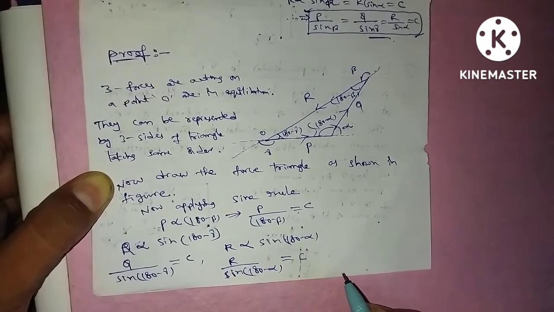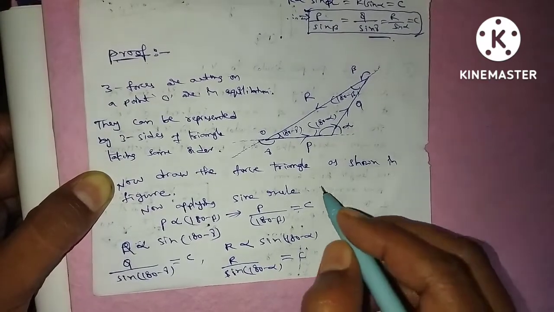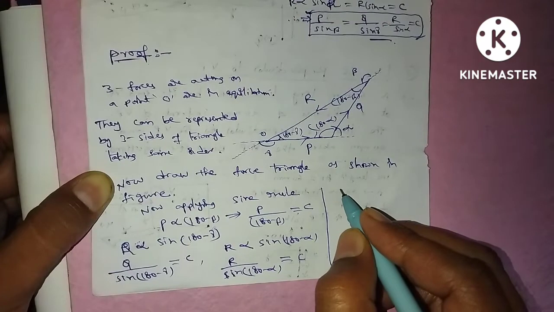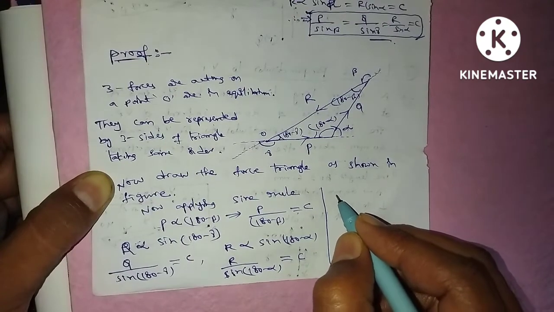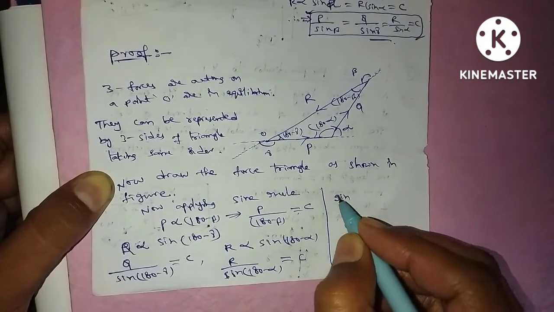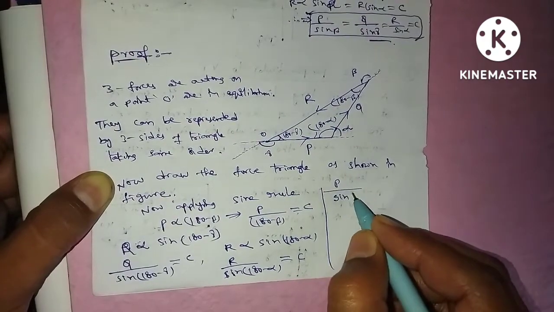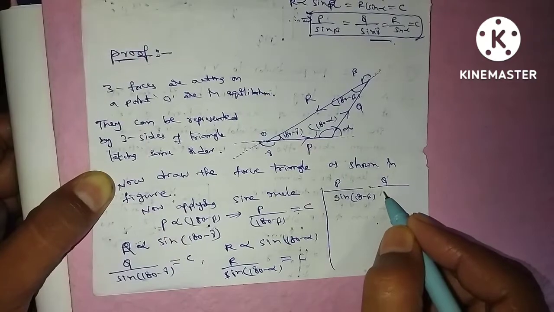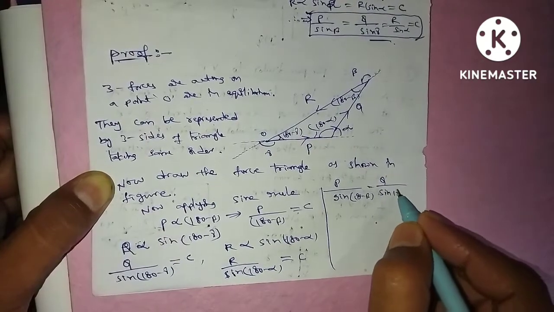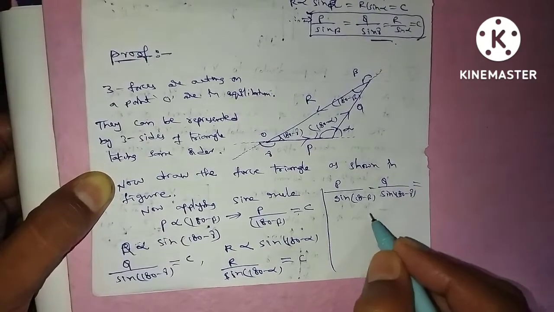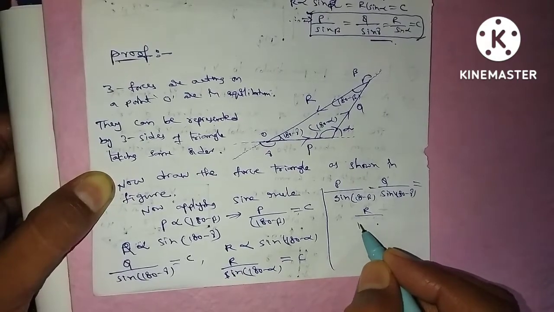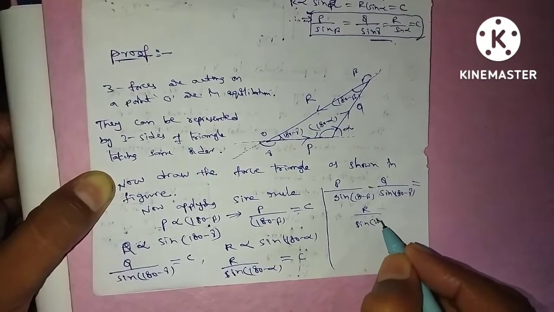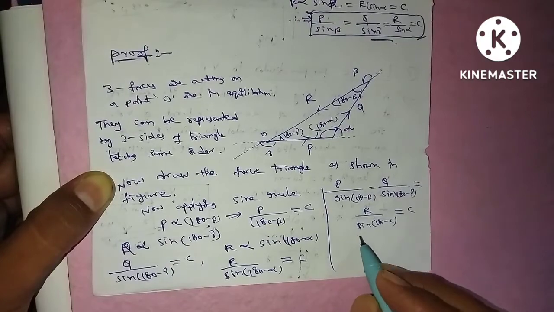So all are constants. So P by sine 180 minus beta is equal to Q by sine 180 minus gamma is equal to R by sine 180 minus alpha is equal to a constant.